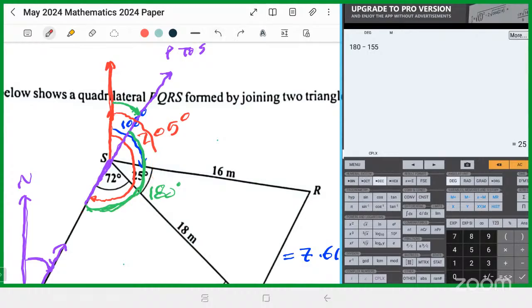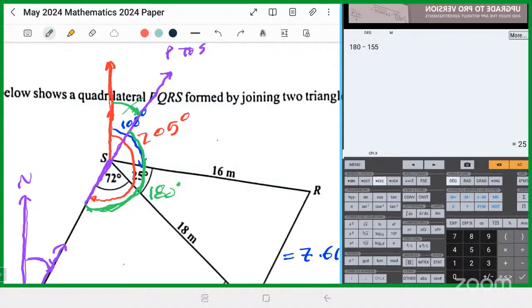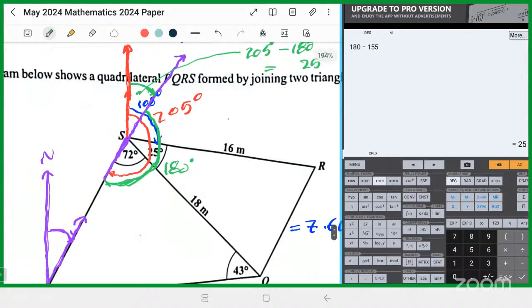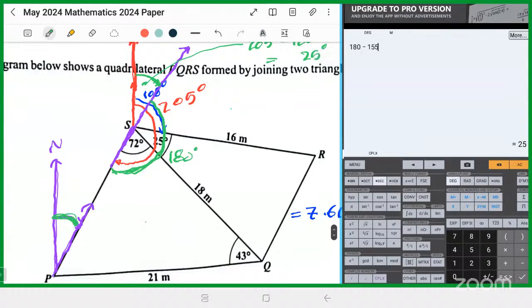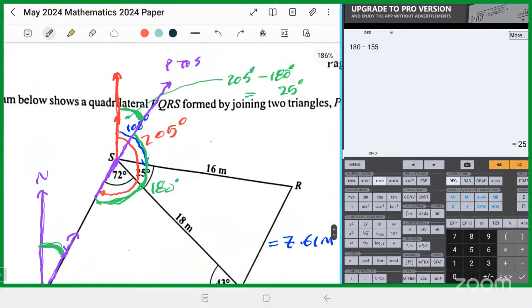So the angle inside here that we really want is 205 minus this 180. So the bearing of this direction inside here is actually 205 minus 180, which is going to give you the same 25 degrees that we just got down here. This angle down here and this angle up here are the same, corresponding angles, the same bearing direction. And again, you have to put the 0 in front of it.